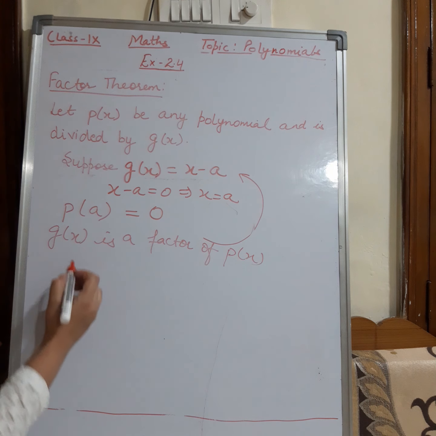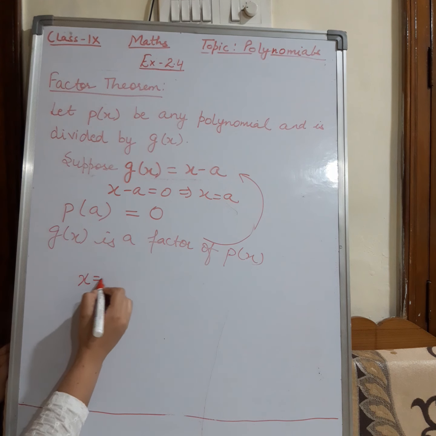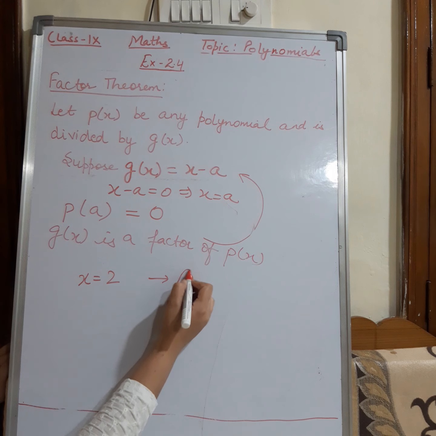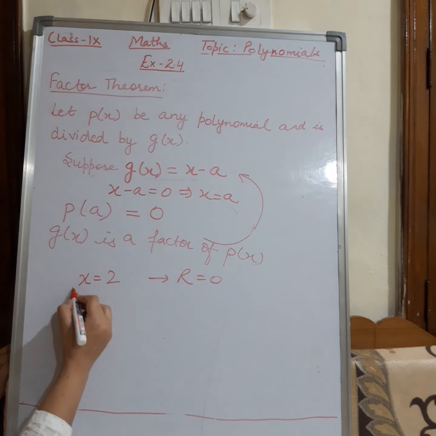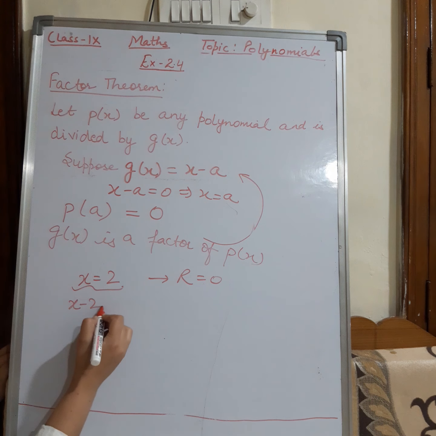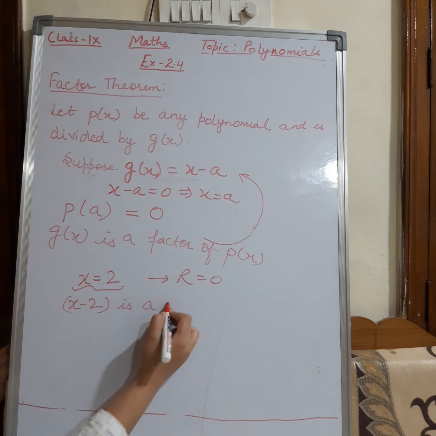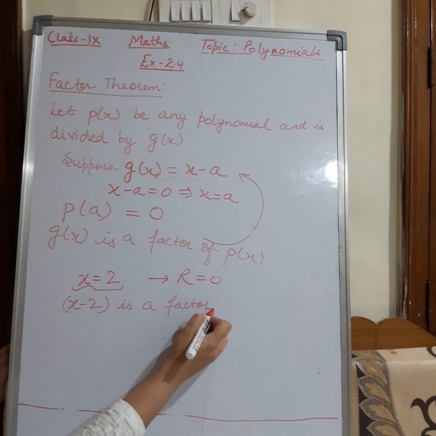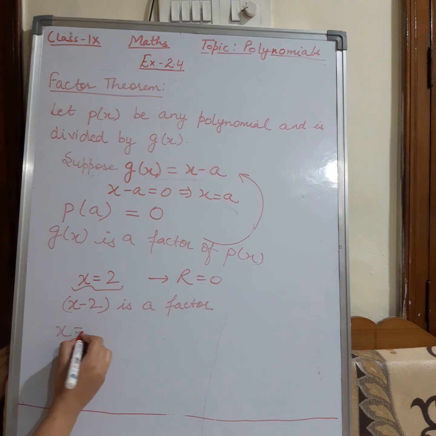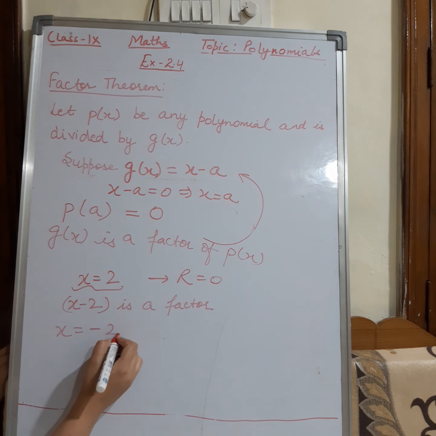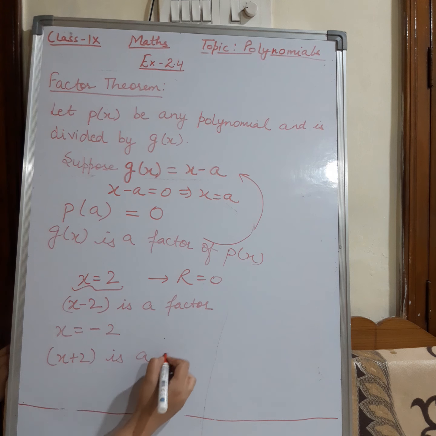Fine. Try to understand the concept. Suppose after putting x is equal to 2, my remainder is 0, then I can say x minus 2 is a factor. And if after putting x is equal to minus 2, then x plus 2 is my factor.